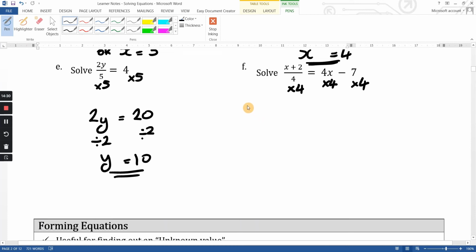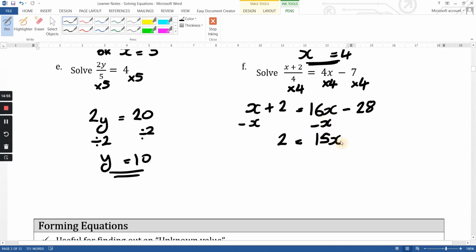You're going to get x plus 2 on that side equals 16x minus 28. Right. I've got x's on both sides. Let's keep it on the bigger side, so let's get rid of the smaller one. That gives me 2 equals 15x minus 28.